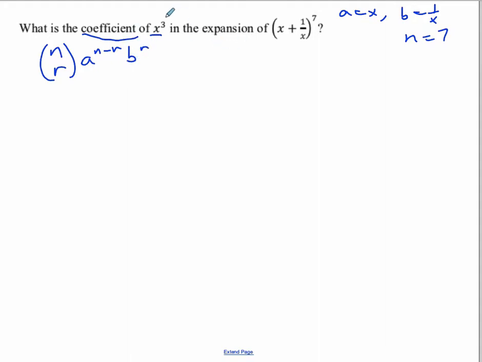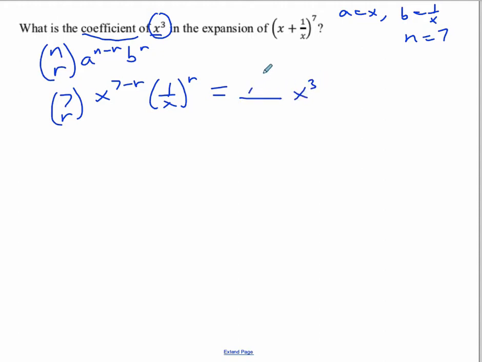Right? So we want the x to the power of 3 term, and n equals 7. We don't know the r yet. We're going to solve for r. The a is just x in this case, so it's going to be x to the power of 7 minus r. The b is 1 over x to the power of r. That's going to be equal to some coefficient times x cubed. Maybe I'll call it a or something.